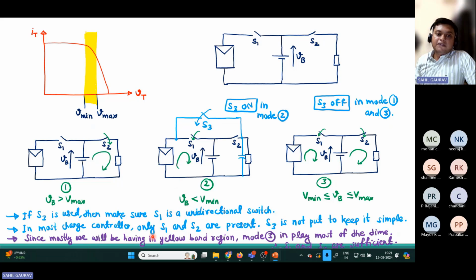Since mostly we will be in the yellow band region, mode 3 is in play most of the time, and S1 and S2 are sufficient. So S3 is not necessarily used, because this is not one of the commonly encountered cases.